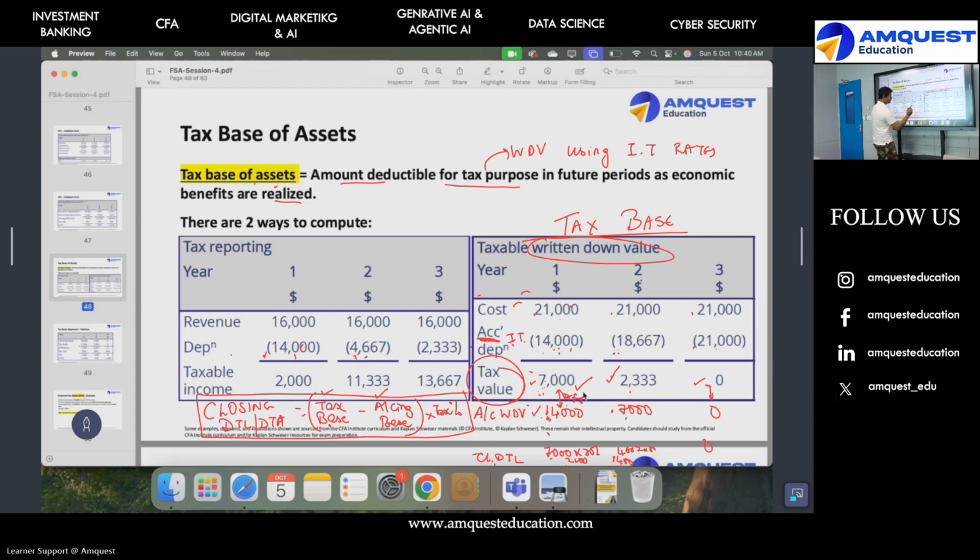More depreciation is less income, less tax, therefore deferred tax liability. So the formula is, if this is more than this, then deferred tax asset. But if this is less than this, then deferred tax liability. That is a very important logic that you need to remember. Remember by the formula: it's more because of less depreciation, it's less because of more depreciation. Now this was completely the tax-base perspective.